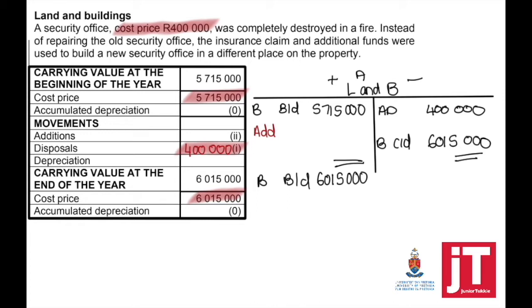So now the balance at the end was given. We can take the credit side minus the debit side, and the difference of 700,000 will be our additions at cost.